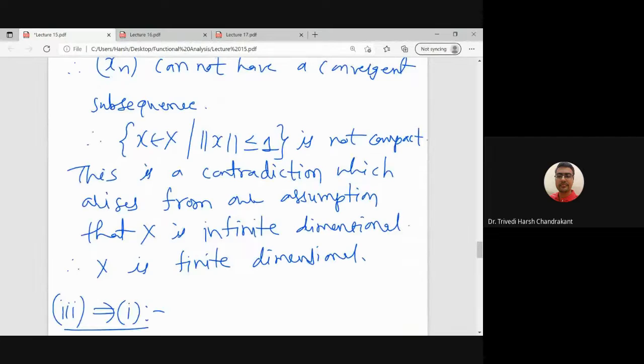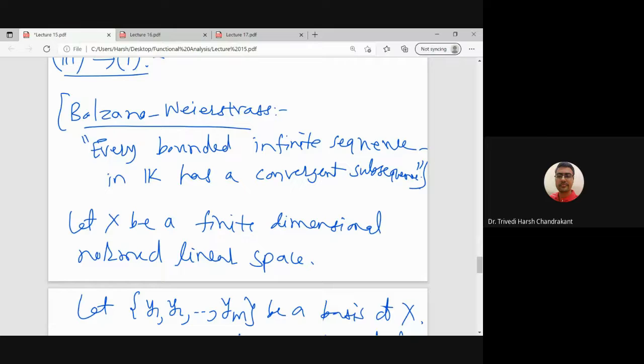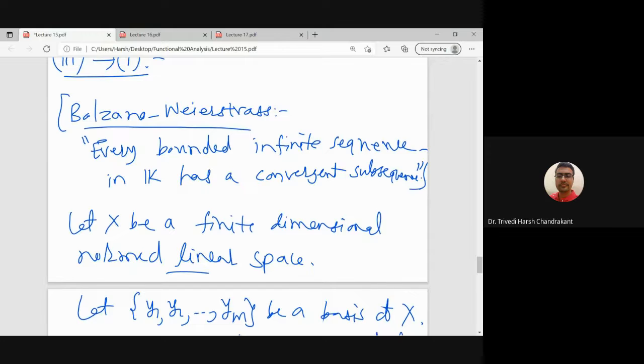Then we were discussing 3 implies 1. In 3 implies 1, the third condition is that X is finite dimensional. That is our assumption, and what we want to prove is that every closed and bounded subset of the normed linear space is compact.